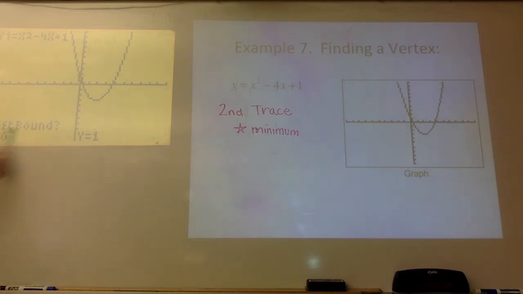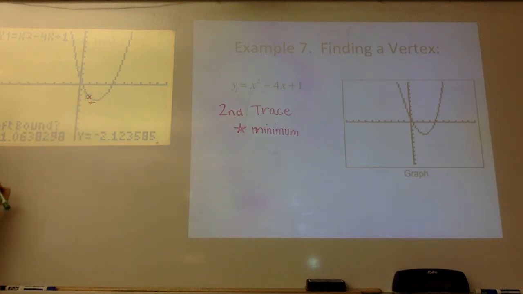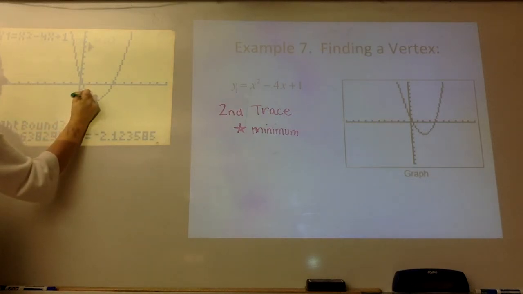It's going to say, I want a left bound. So I'm going to use my cursor, and I'm going to move it to the left of where I think the vertex is. So I actually use the cursor to move it to determine where the left bound is, and I hit enter to tell the calculator I want you to use that as the left point right there.